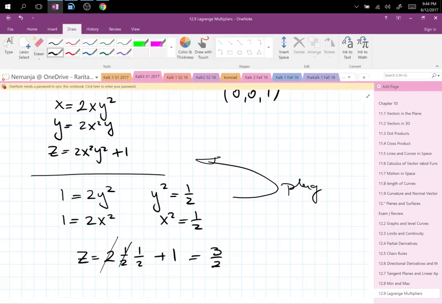I canceled because I already took care of 0. So now when I cancel by x, I get this. When I cancel y, I get that. And now move 2 to the other side. I get these, and then plug those in here. Those are the halves, right? And I get 3/2. Now, how many points do I get here?